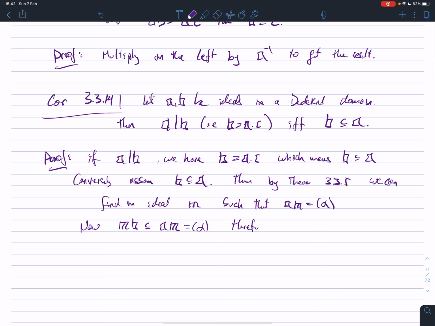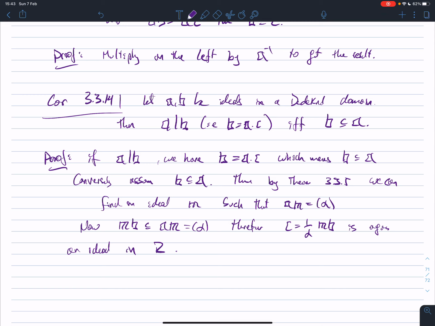Therefore, C is 1 over alpha times M times B. And this is again in R. Remember, this being in the ideal generated by alpha means that I can divide every element here by alpha and stay inside of R. So this thing has to be an ideal in R. For example, it's a product of two fractional ideals, so it's again an ideal.